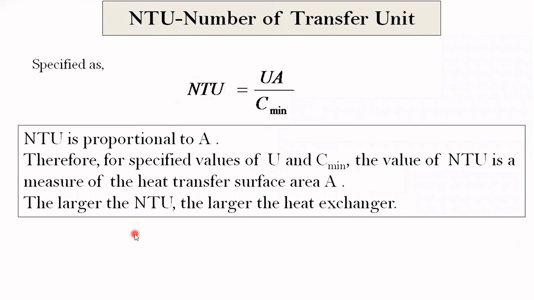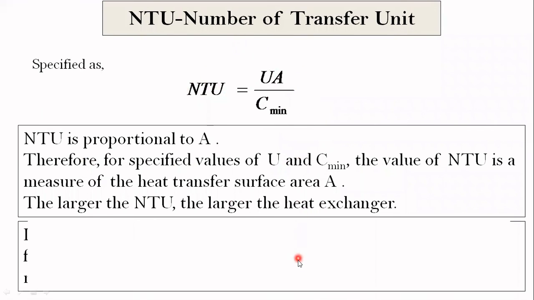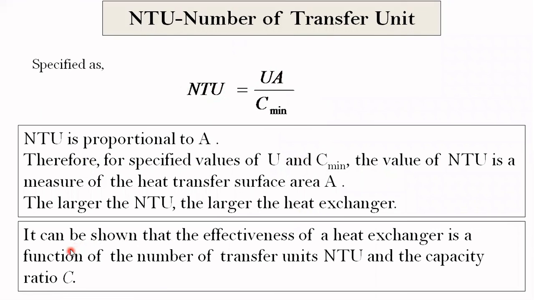So larger the NTU, the larger will be the heat exchanger. So it is basically a measure of size of the heat exchanger. It can be shown that the effectiveness of heat exchanger is a function of number of transfer units NTU and the heat capacity ratio capital C, that we will see.